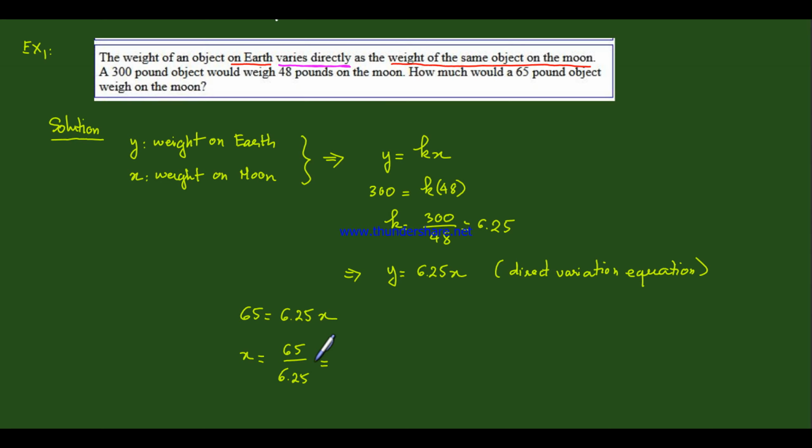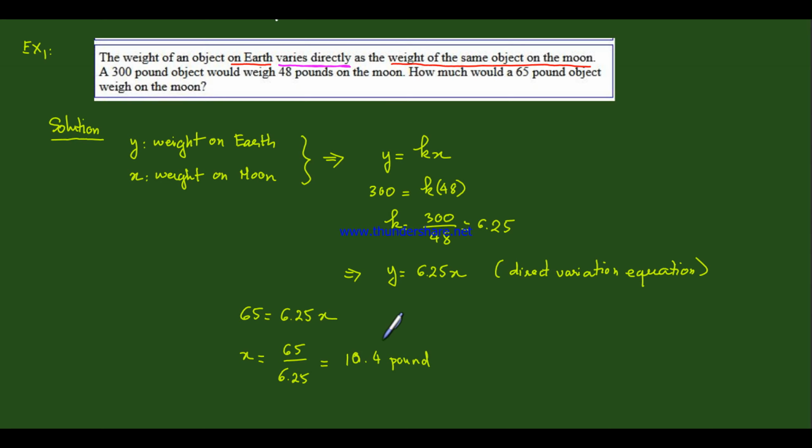Then let's do a quick division here. It will be 10.4 pounds, which makes sense because on the moon, any object seems to be lighter. You see, 300 pounds just weighs 48 on the moon, so 65 pounds should be only 10.4, which is good.